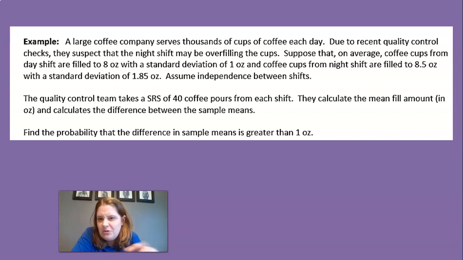And let's assume that the shifts are independent of each other. The quality control team takes a simple random sample of 40 coffee pours from each shift and they calculate the mean fill amount in ounces and calculate the difference between the sample means. I want to know, find the probability that the difference in sample means is greater than 1 ounce. In other words, are they off by more than 1 ounce of each other? Because that might be concerning.